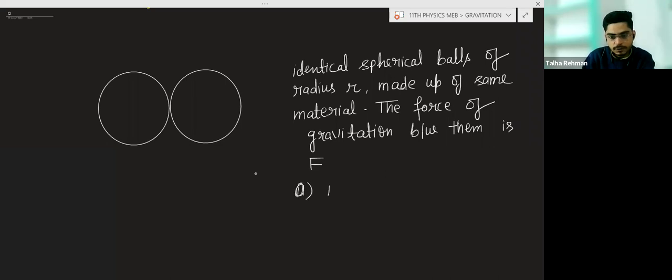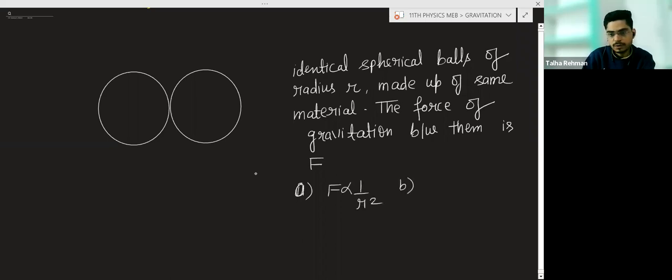So you have to tell, four options are given. Option A, this force is proportional to 1 upon r square. Option B, this force is proportional to r square. Option C, force is proportional to 1 upon r to the power 4. Option D, force F is proportional to r to the power 4.